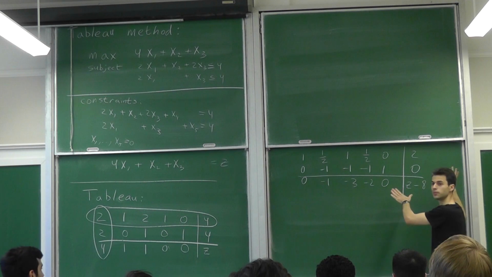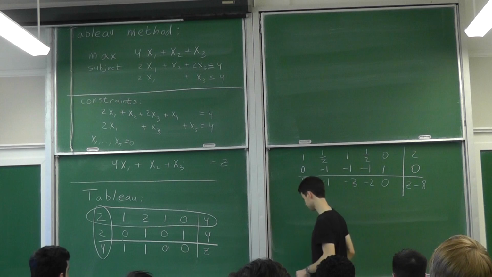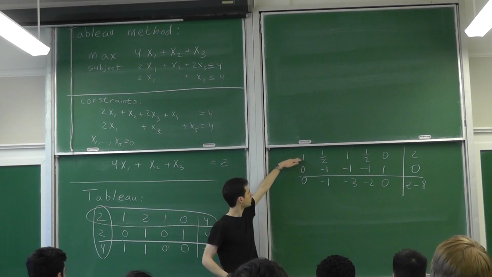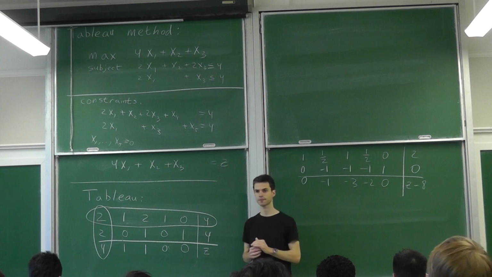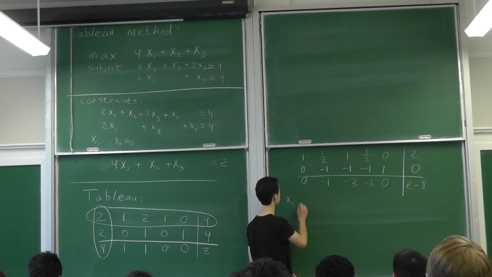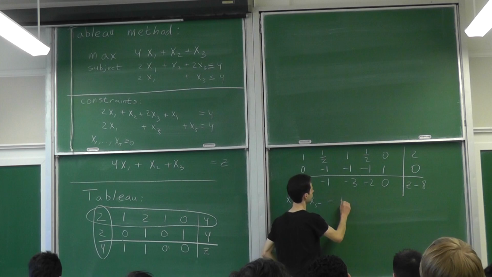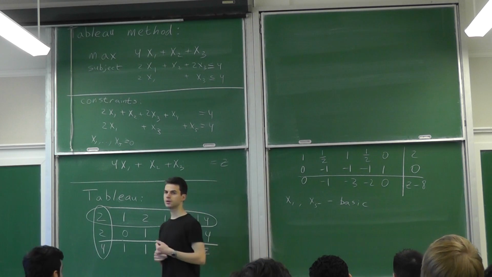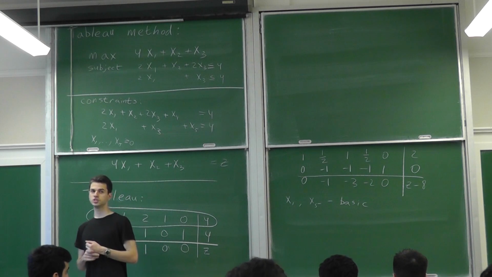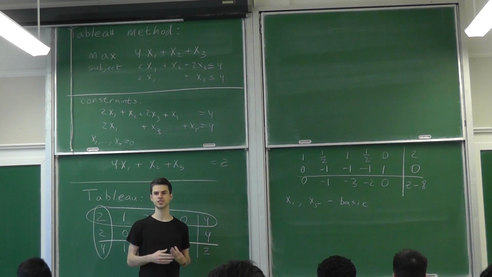Okay, so here we have our basic variables, x1 and x5. Did we succeed in improving our z?